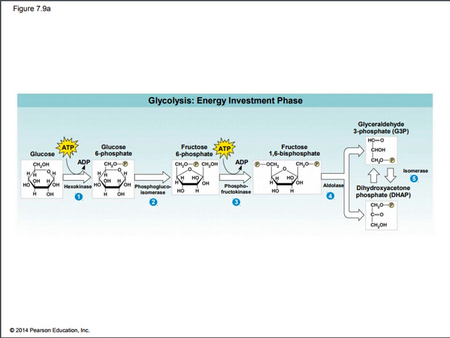So basically, I'm pointing to this thing. I mean, you guys can see me, but basically it goes from one end to the other of the sugar, investing a second molecule of ATP. And this is a key step in the regulation of glycolysis, because this is how energy is broken down and ATP comes off.